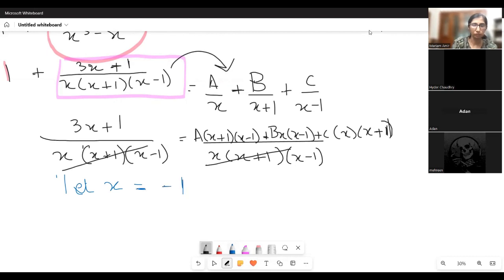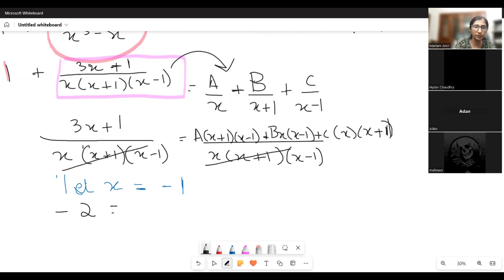Okay. So for that, we get minus 2 on the left hand side, equals, a gets eliminated, b does not get eliminated, c gets eliminated.